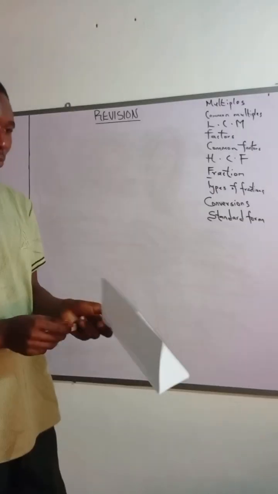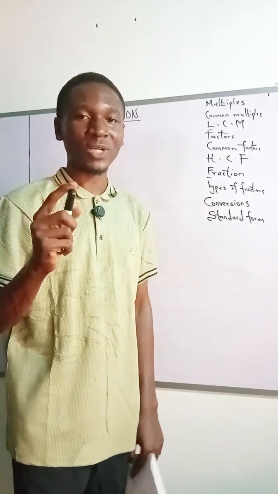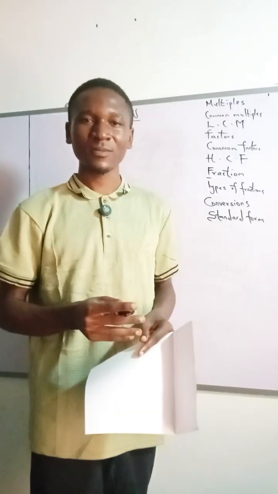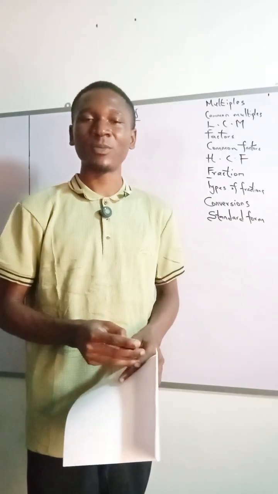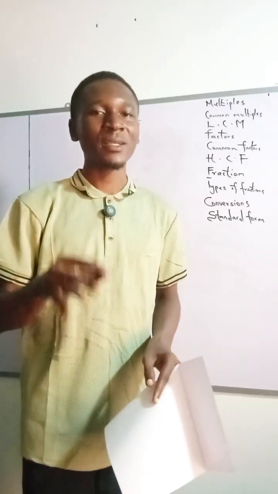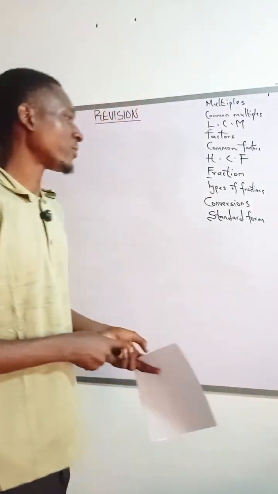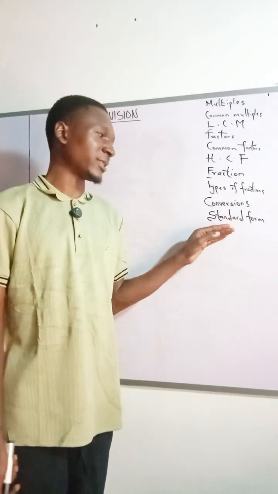What is standard form? I told you that standard form is a way of writing huge numbers or very small numbers in a much easier way, using the powers of 10. So standard form deals with multiplying by powers of 10.